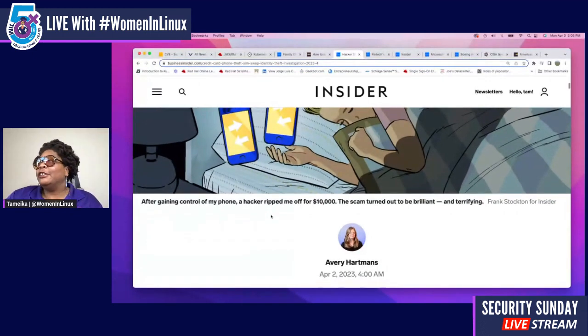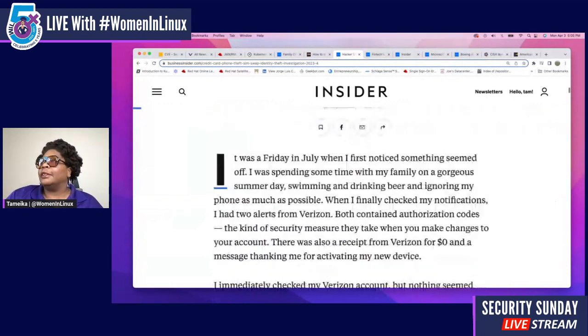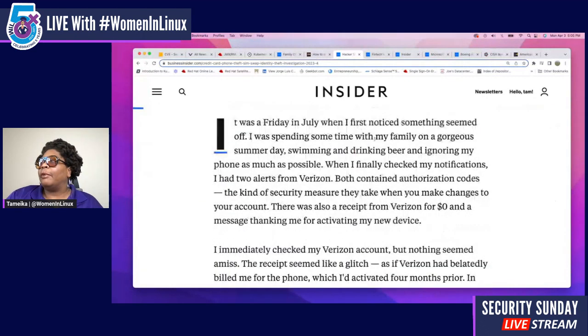It was a Friday in July when I first noticed something seemed off. I was spending some time with my family on a gorgeous summer day, swimming and drinking beer and ignoring my phone as much as possible. When I finally checked, my notifications had two alerts from Verizon, both containing authorization codes, the kind of security measure they take when you make changes to your account.